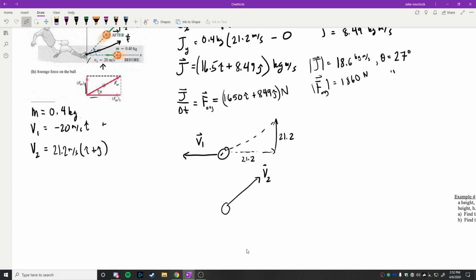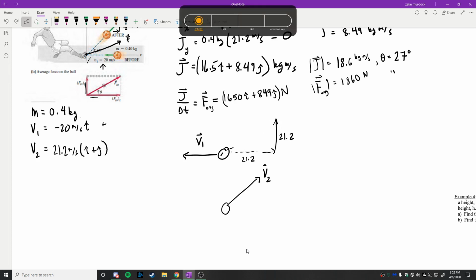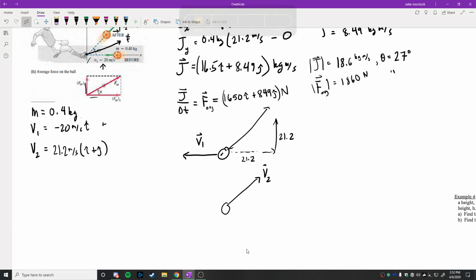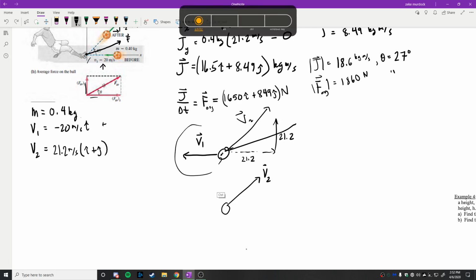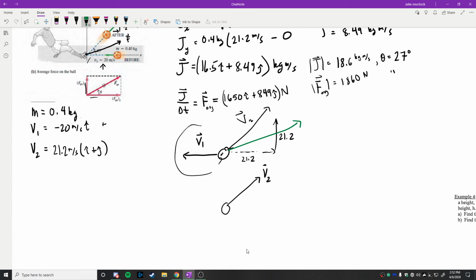And so your V2 points kind of like this, right? But in order to take a vector that's going this way and make it point to the right, you need a vector that points kind of in between the two of them. So your force vector then has to be kind of somewhere in between.